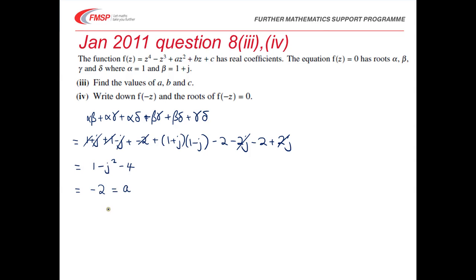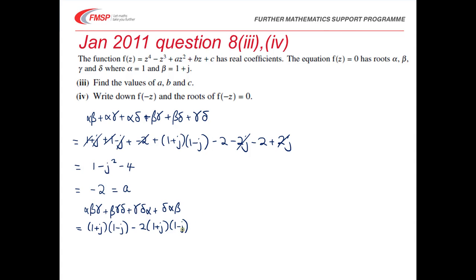Now I'm going to look at the roots in triples. So alpha beta gamma plus beta gamma delta plus gamma delta alpha plus delta alpha beta. So alpha is 1, so that's 1 plus j, 1 minus j. Minus 2 lots of 1 plus j, 1 minus j.